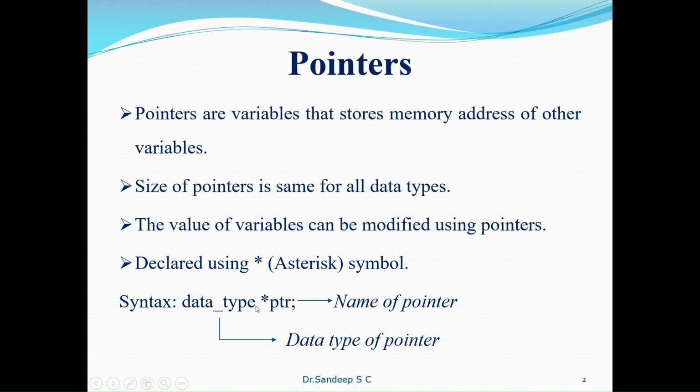Now it should always point to the same data type to which it is defined. If I define an integer pointer, then that pointer can point only to integer variables. If I define a character pointer, that can point only to character variables. So the data type of the pointer and the data type of the variable to which it is pointing should both be the same.